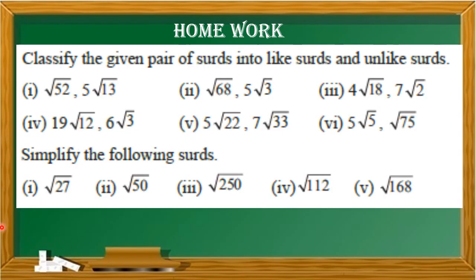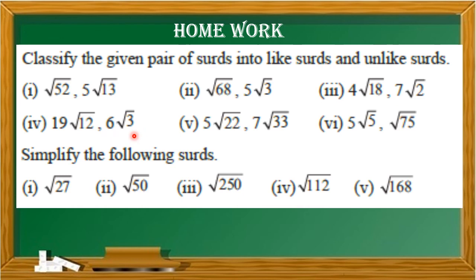Now, homework on these topics. Classify the given pair of surds into like surds and unlike surds. You have to classify all these surds into like surds and unlike surds. First of all, you have to simplify them by factorization, meaning convert them into simple surds, and then compare the radicand.